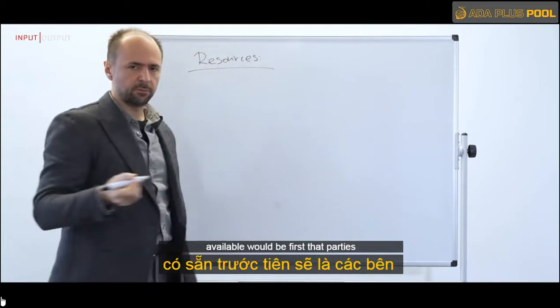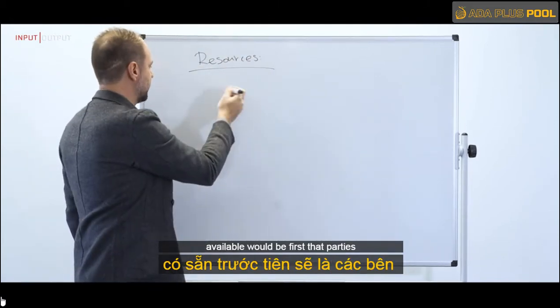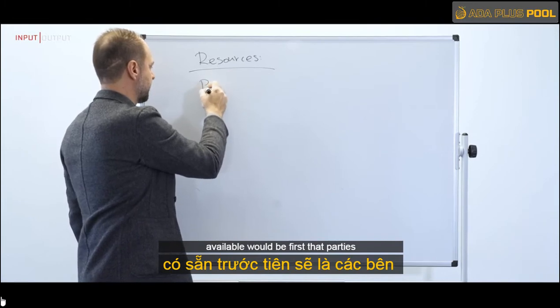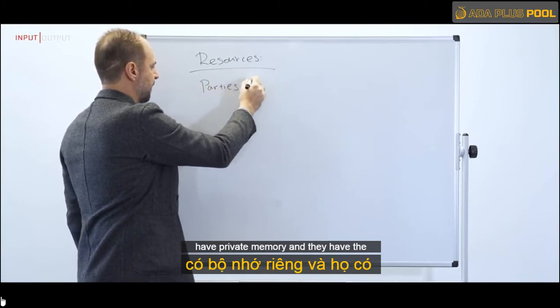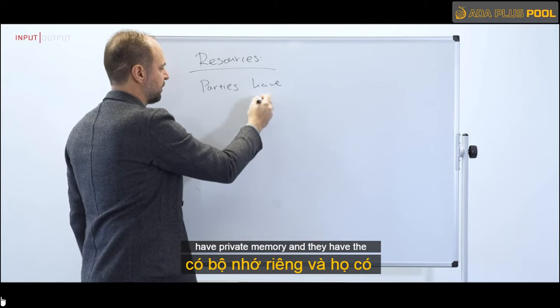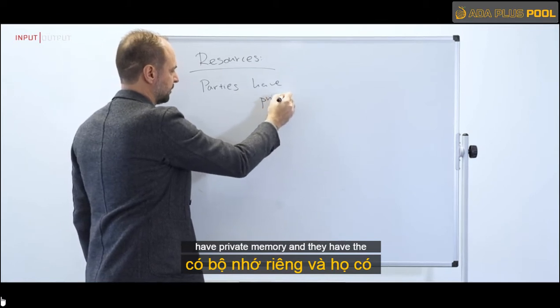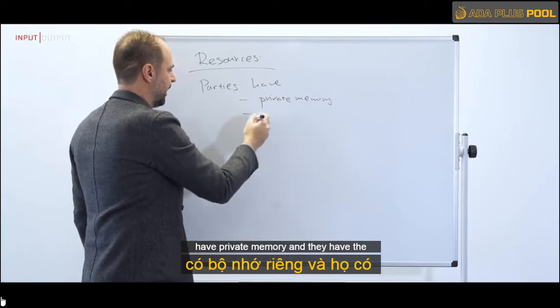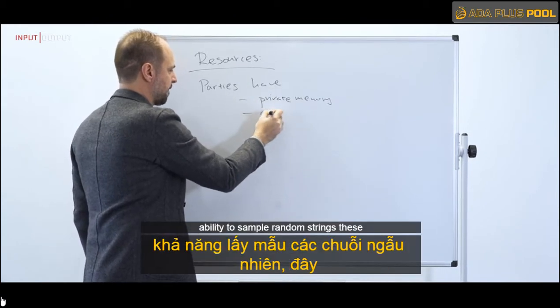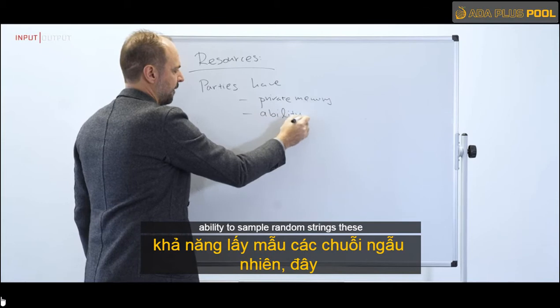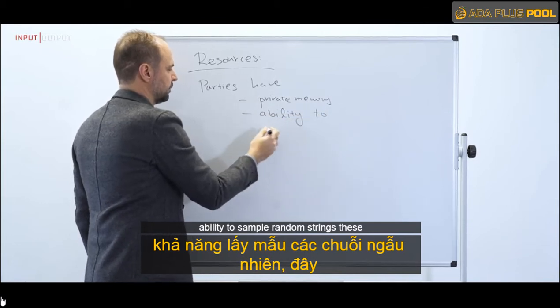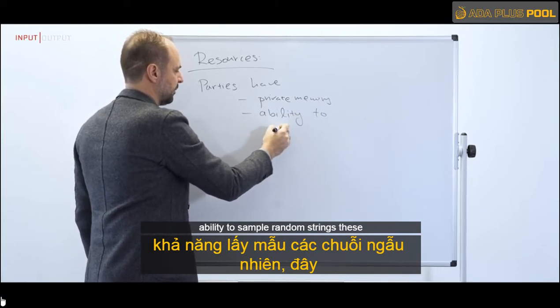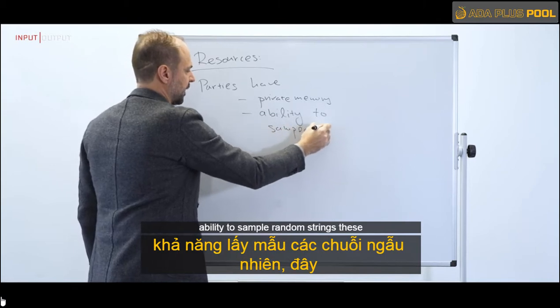So the resources available would be, first, that parties have private memory, and they have the ability to sample random strings.